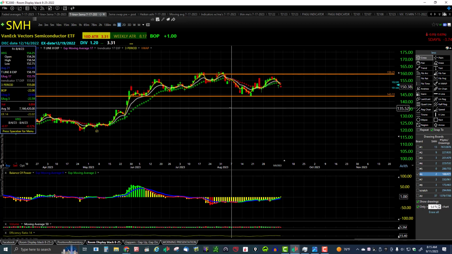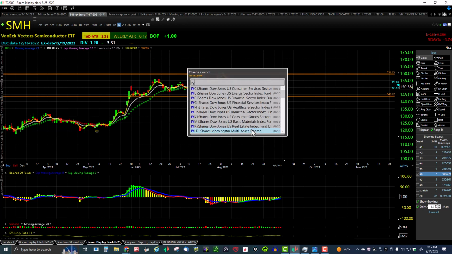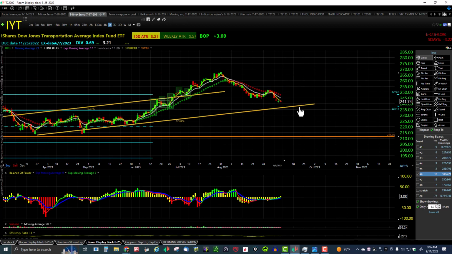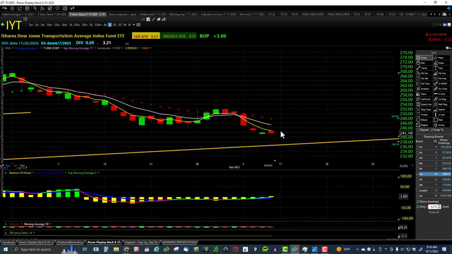So here's SMH. Let's take a look at IYT. Here's our transports. Daily candle. Notice we've got equal low, equal high.